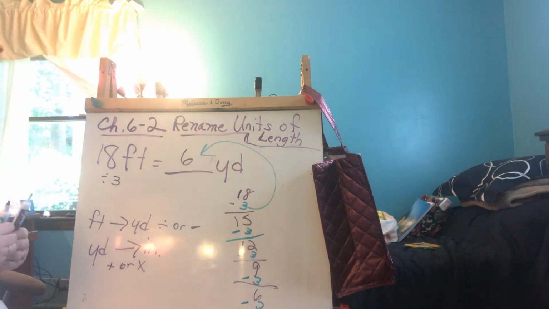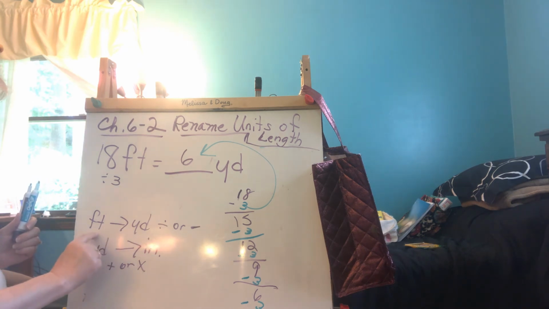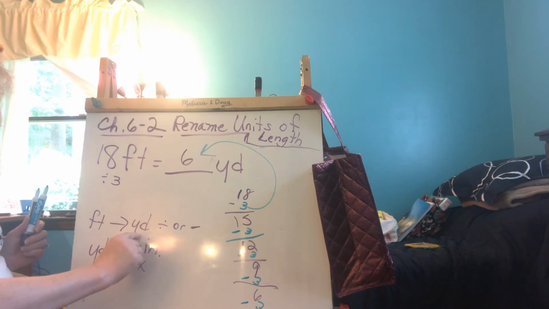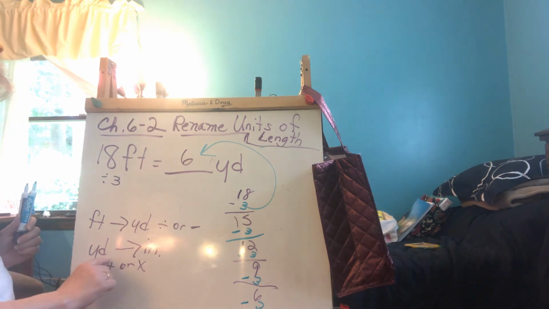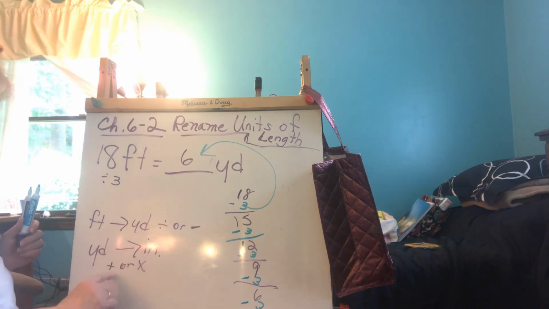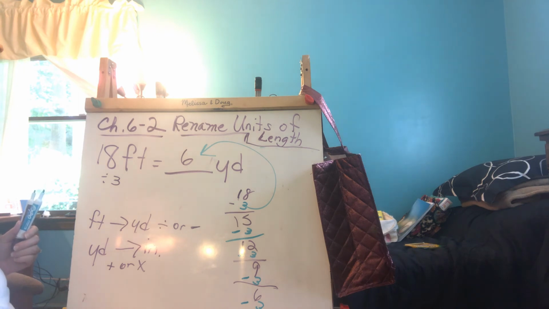Okay? So now we've done, when we went from a smaller unit to a larger unit, we had to divide or subtract. When we went from a larger unit to a smaller unit, we had to add or multiply. So that's what you should first be asking yourself.